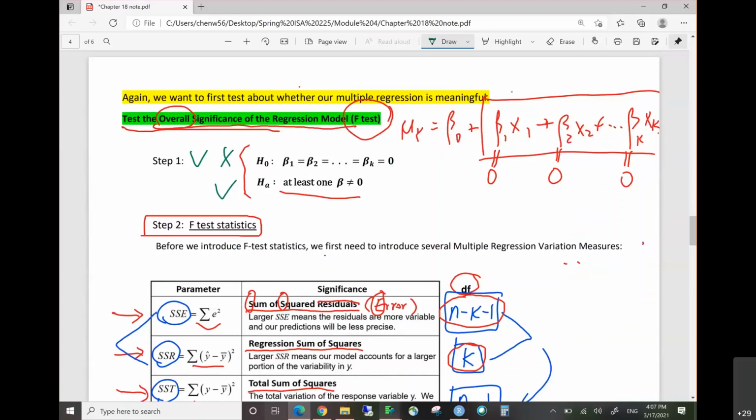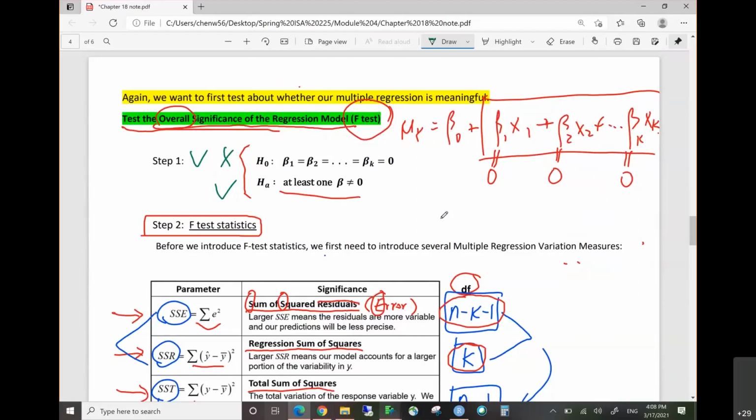You don't need to do any other hypothesis tests, any confidence intervals or any other interpretations, because your whole multiple regression just doesn't make any sense. So you can just stop here if you fail to reject the null hypothesis. All right. Okay, so that will be all for the first hypothesis test in the multiple regression.